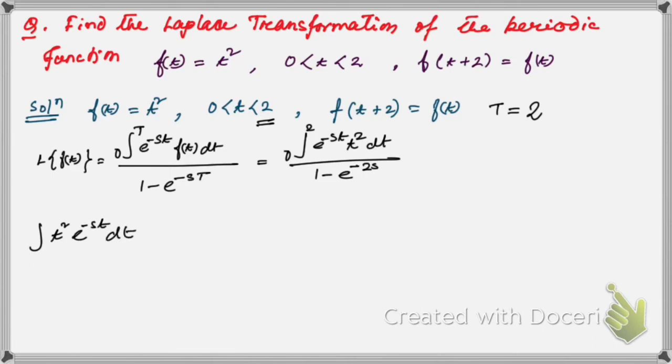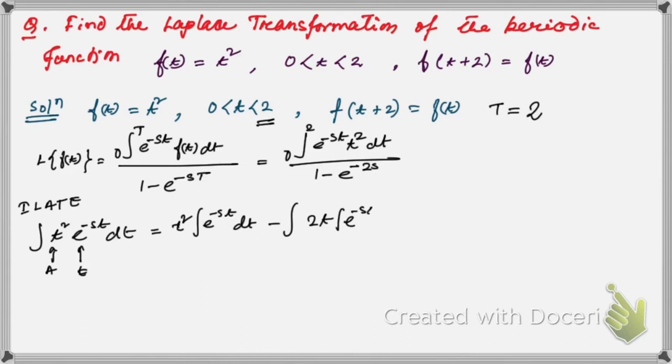Here we are using the ILATE rule, according to which the exponential function should be considered the second function, and the algebraic should be considered the first function. This is algebraic, this is exponential, right? Then using the product rule, we're going to get this result, right? So this is the integration, right?